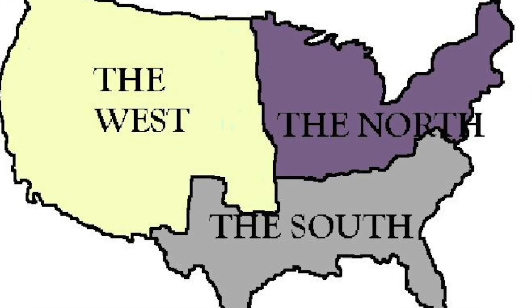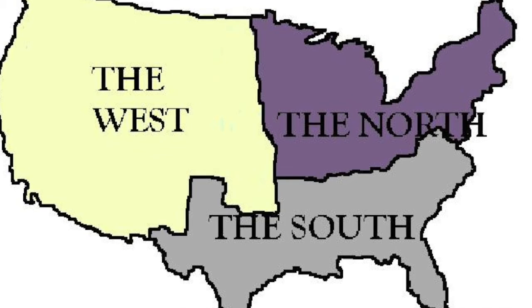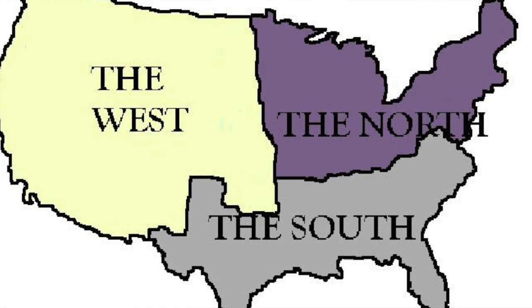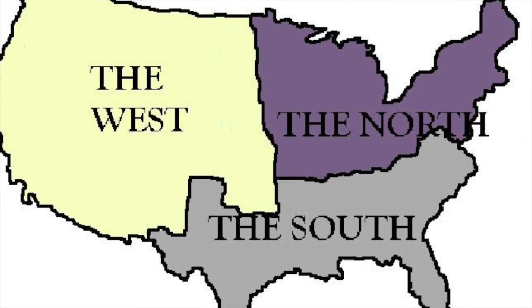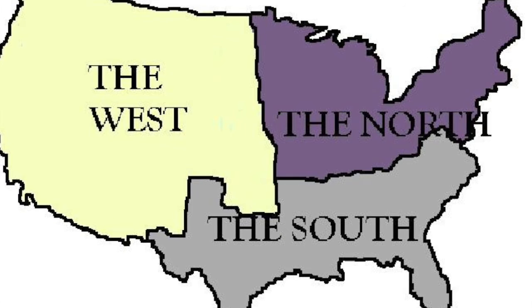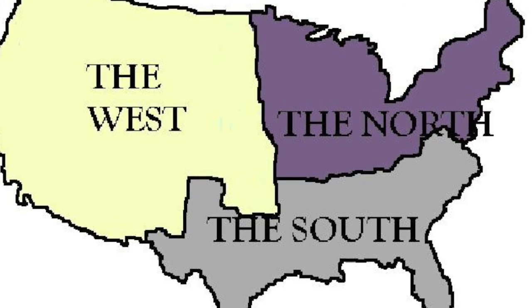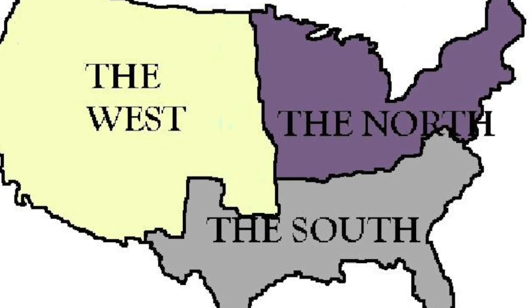Southern plantations exhausted the soil. They fell into debt and didn't develop new technologies. The South fell behind the North in the number of railroads, factories, and schools. Southern cities generally remained small and lacked industry.